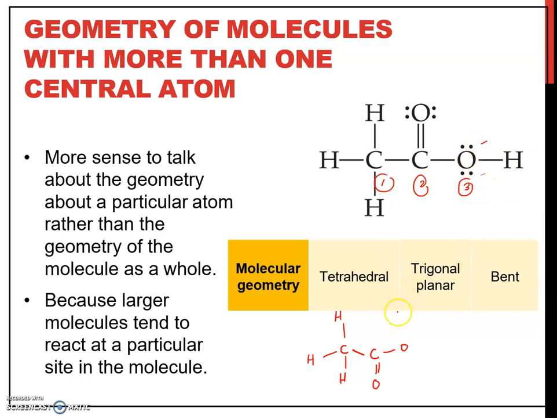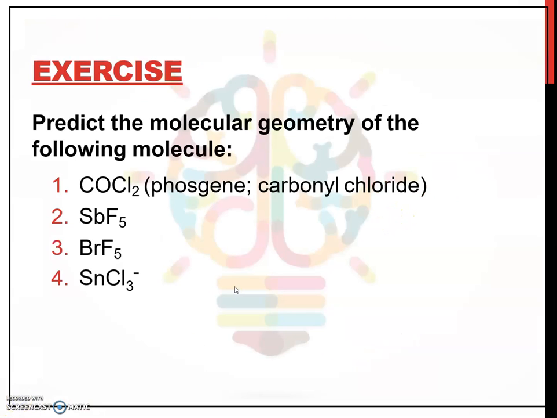So the structure is bent. So this molecule has 3 central atoms with different molecular geometries. Look at how many bonding pairs and how many lone pairs are on the central atom. For the exercise, you can try to do it by yourself.